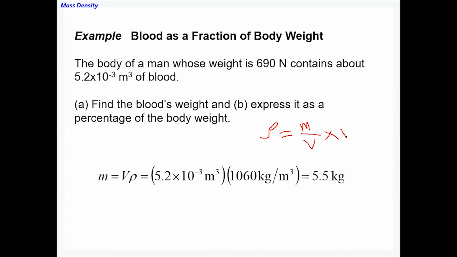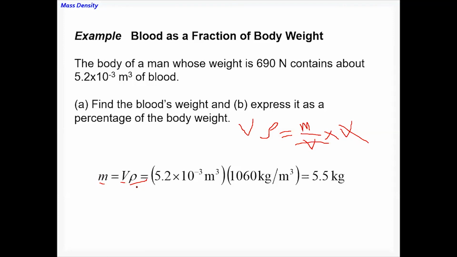This V and V cancel out, right? Then M equals V rho. Does it make sense? So mass of the blood is equal to volume of the blood times density of the blood.